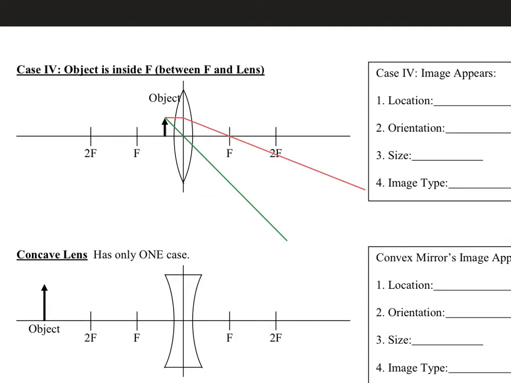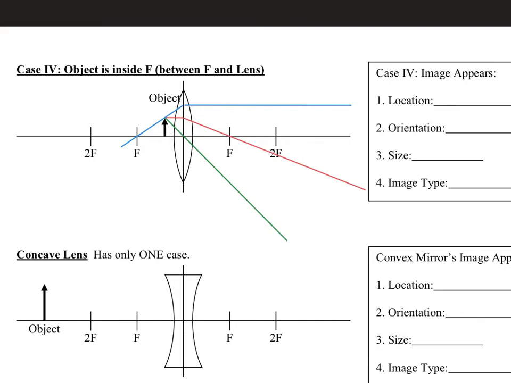Then our third ray, since it's inside the focal point, we're going to draw it as if it came from the focal point, pass through the top of the object, like so, and then refracts parallel.